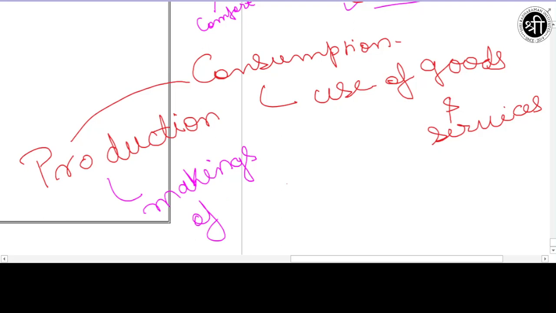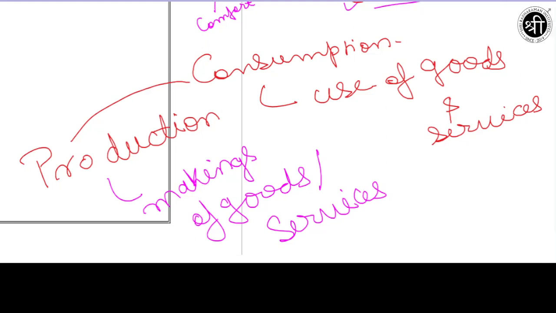So what is consumption? Consumption means using the goods and services. And what does production mean? Production means making those goods and services. So consumption and production are two opposite things. Consumption means to use and production means to make those things.